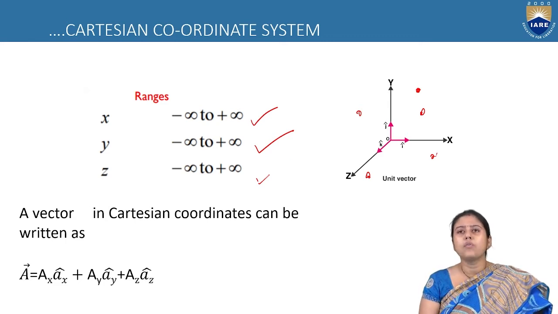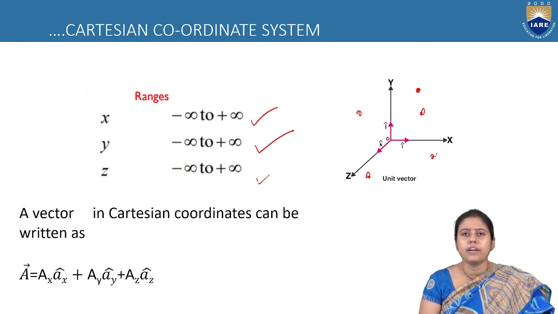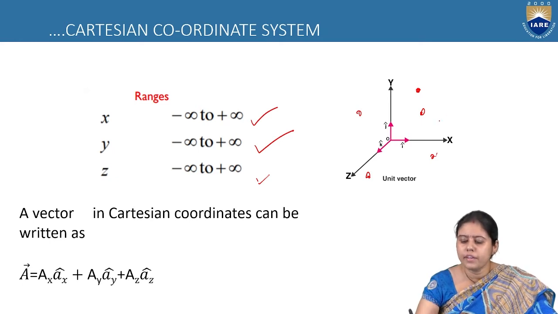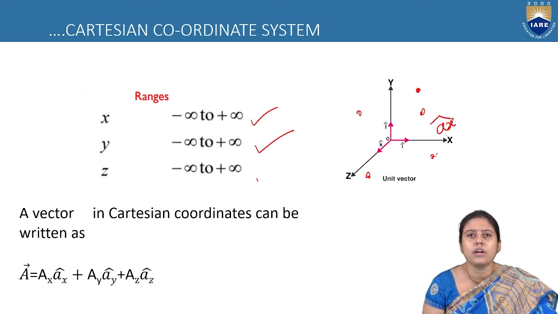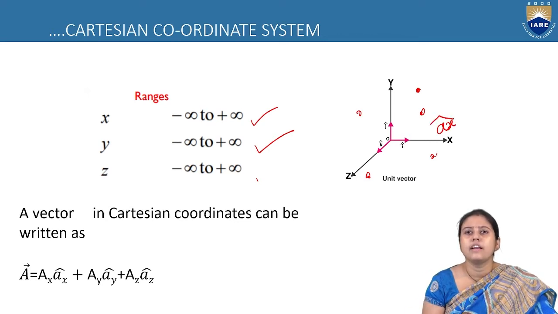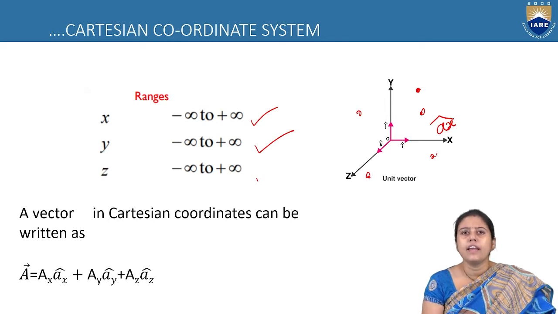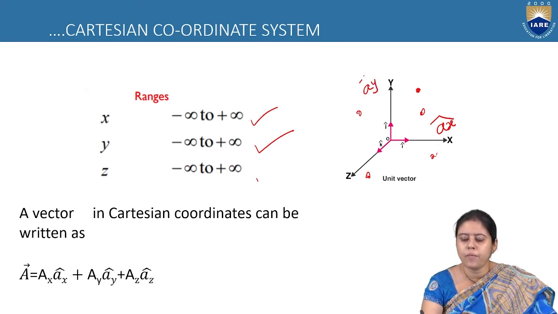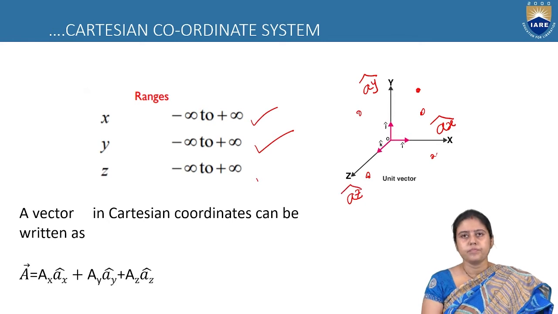Next, what is the coordinate according to the unit vector? We already said that along the x-axis it is an exact unit vector. What is the meaning of a unit vector? It is a direction vector. It has only direction, and its magnitude is 1. Along the y-axis it is ay, and along the z-axis it is az.